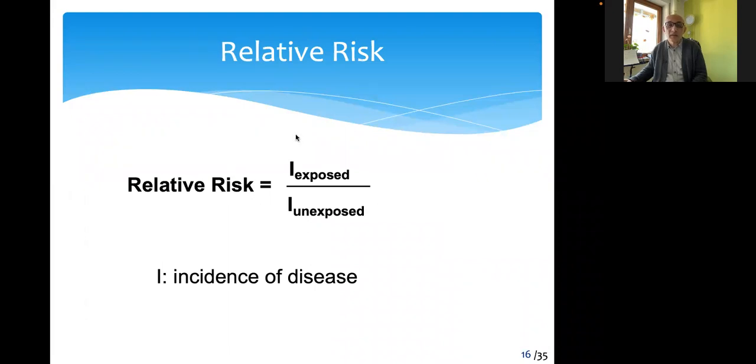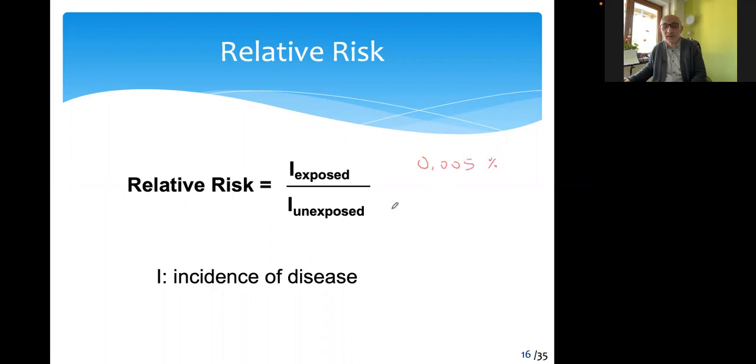Then we have something called the relative risk. Relative risk is the proportion of those exposed to the risk factor divided by that of the unexposed. So some people smoke and get lung cancer, some others do not smoke, and they also get lung cancer. So what is the proportion of a smoker to get lung cancer? Lung cancer is very rare, you know. It might be 0.005%, I would say.